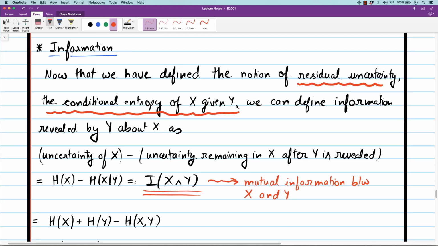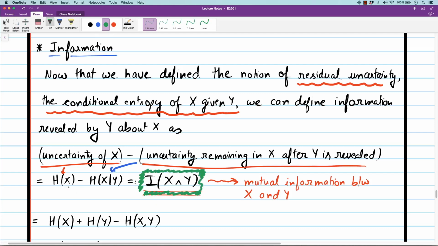So how much has the uncertainty reduced? Uncertainty in x minus the uncertainty remaining after y is revealed. This is H(X). That's our answer for this. And the uncertainty remaining after y is revealed is H(X given Y). So this quantity, H(X) minus H(X given Y), is a very important quantity. It's the mutual information between x and y.